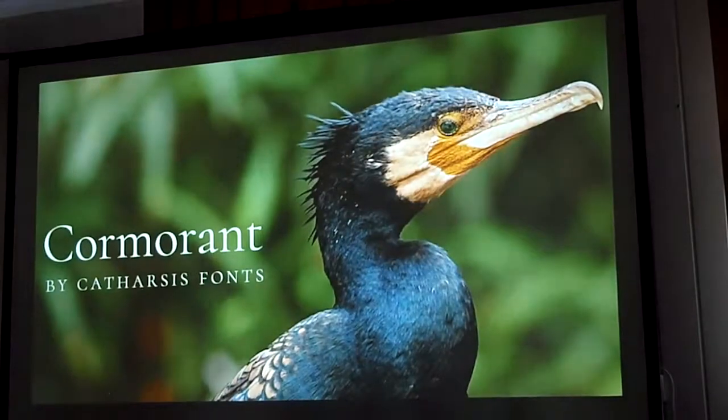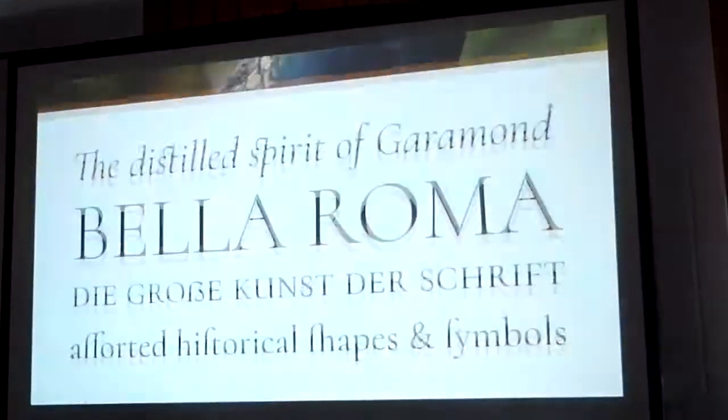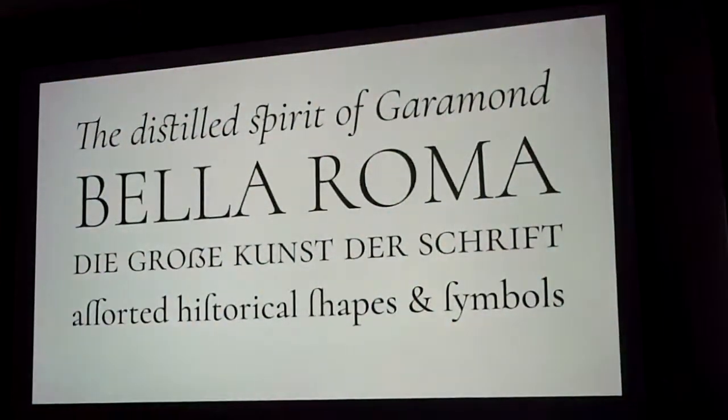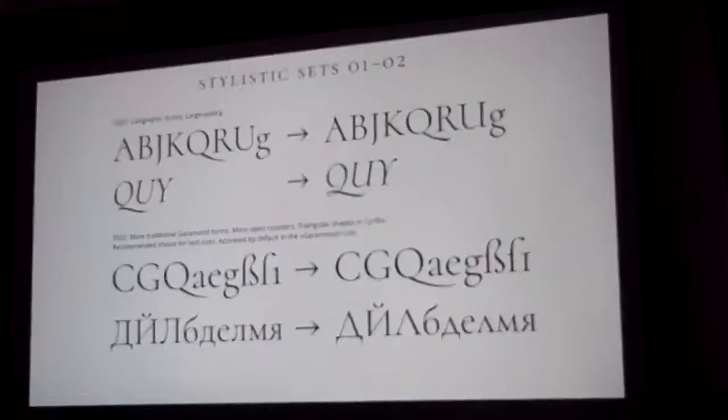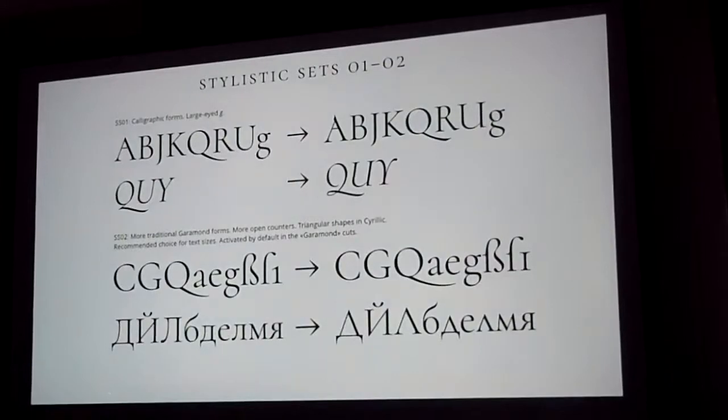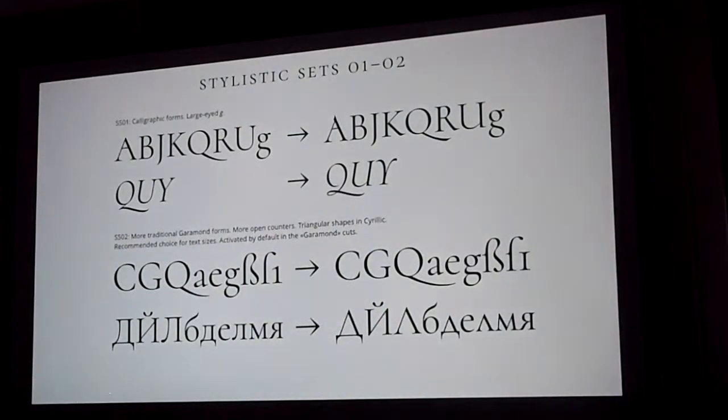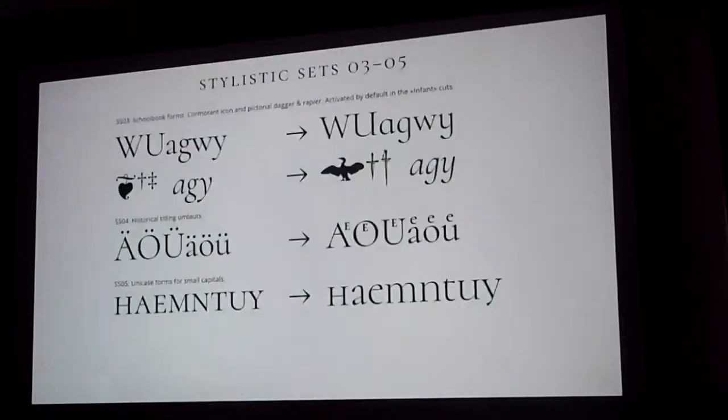And then there is Cormorant, which is just a fantastic design. Very elegant, with lots of nice OpenType features and lots of little quirks, two styles of Cyrillic, and forms that are more or less similar to the Garamond model, and also lots of playfulness, also unicase.